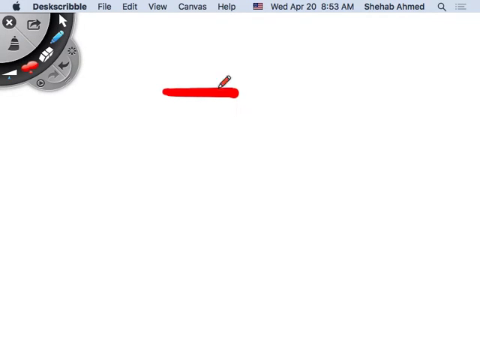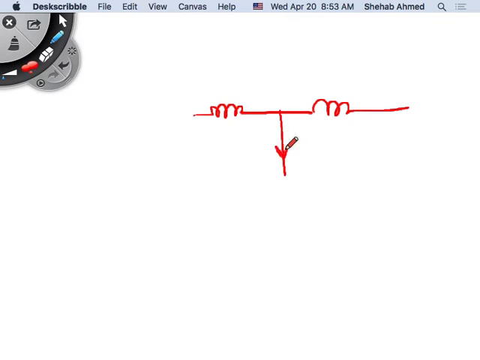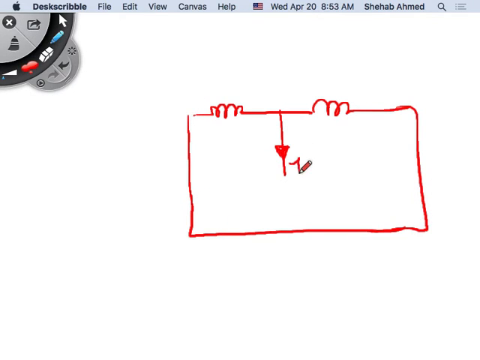I have an impedance here, I have an impedance here, and this is my positive sequence current. This is I transmission line. This is I motor. How do you find I transmission line?